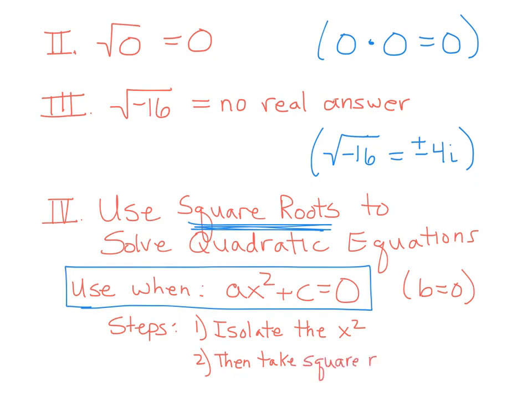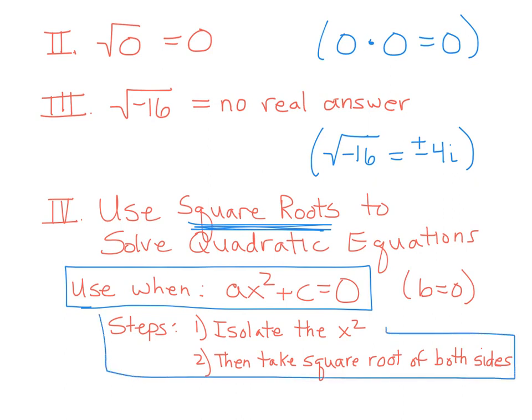And when I say both sides, I mean both sides of the equal sign. So these are the steps that you're going to take. You're going to isolate the x squared, and then you're going to take the square root of both sides. Okay, in the next video I will go through some examples. We will go through those steps.